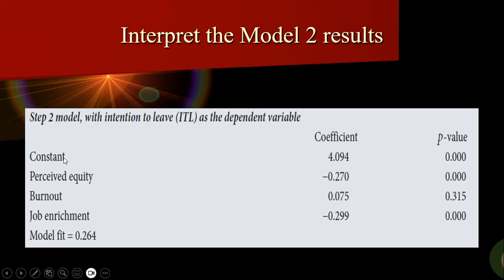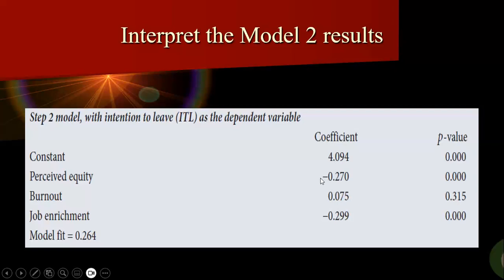Let me tell you about the constant value. The constant value is 4.094 in this model. That means if the value of all these three independent variables becomes 0, then the value of the intention to leave will be 4.094.